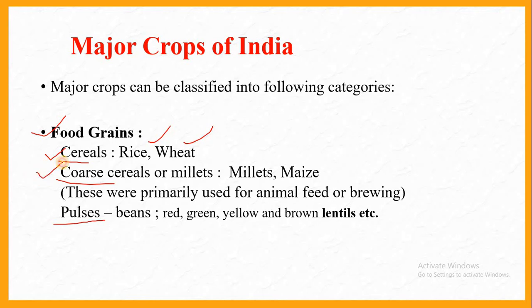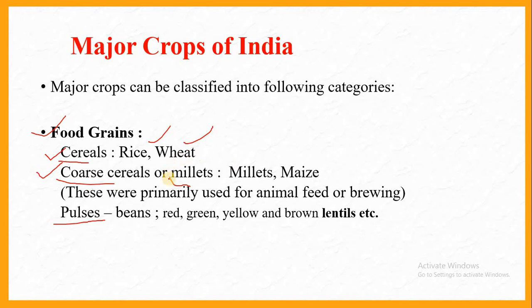And next is coarse cereals. They are also called millets. For example, you have jowar, sorghum, or bajra. In Karnataka it's called jola, ragi, navane, sajje. So these are all called millets, pearl millet.